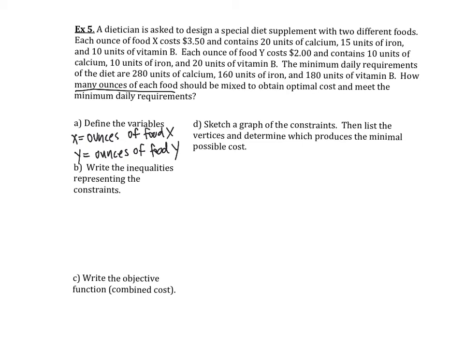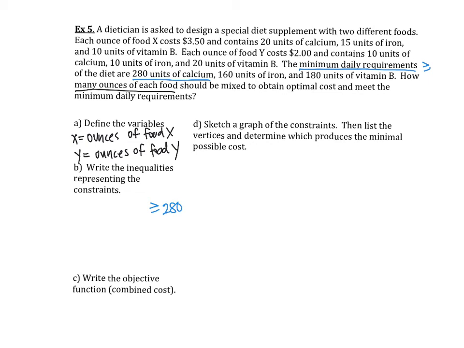Okay, write the inequalities representing the constraints, and I am going to assume X and Y are greater or equal to 0, without writing it out explicitly. Okay, so what do they tell me that has a restraint? They tell me the minimum daily requirements. Minimum daily requirements mean it must be this or higher, which means I'm talking about greater than or equal to. Okay, so first it tells me 280 units of calcium.